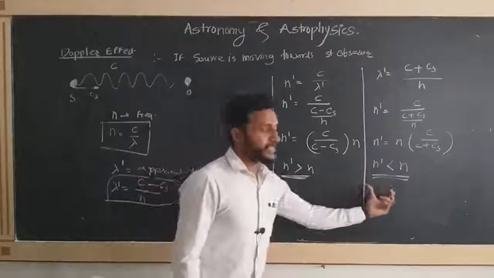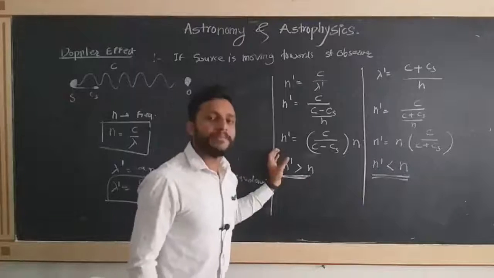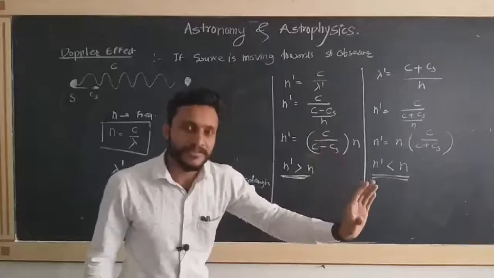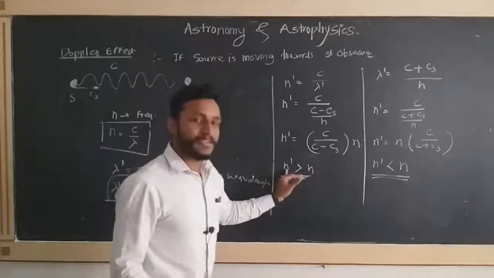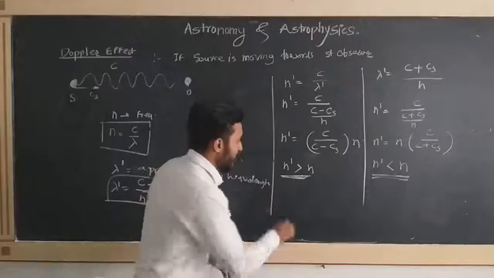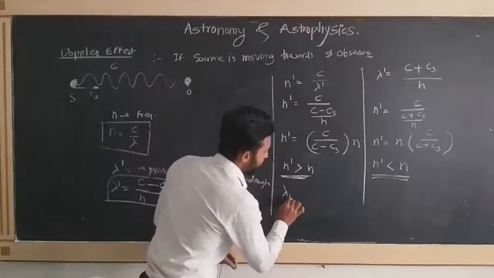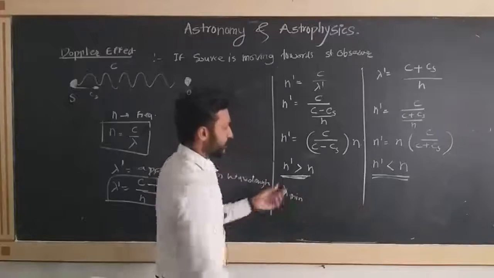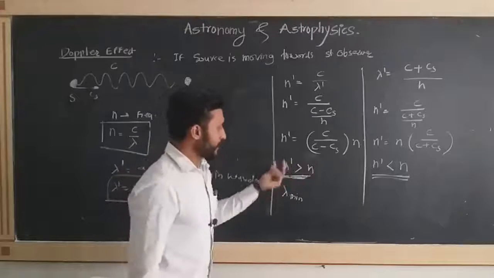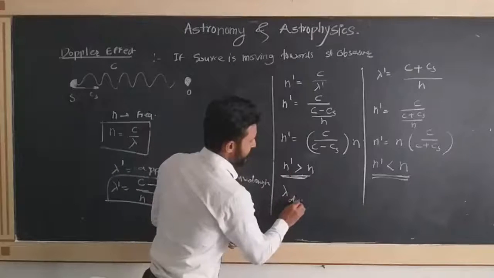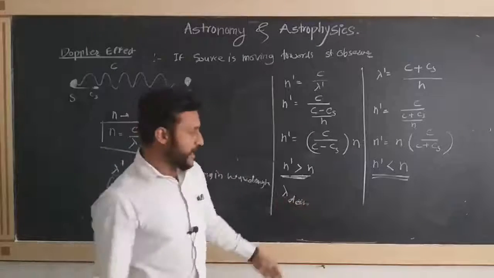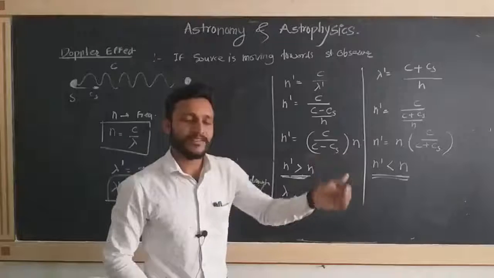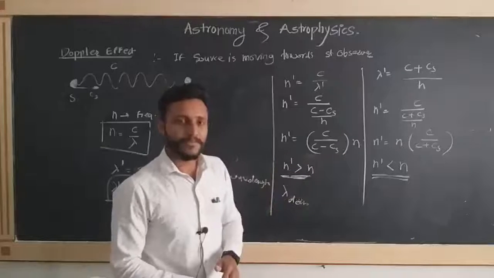So from these two cases, we can observe that when the source is moving towards the observer, the apparent frequency is more. If frequency is more, lambda is minimum. If frequency is increasing, lambda is decreasing, because both are inversely proportional to each other.